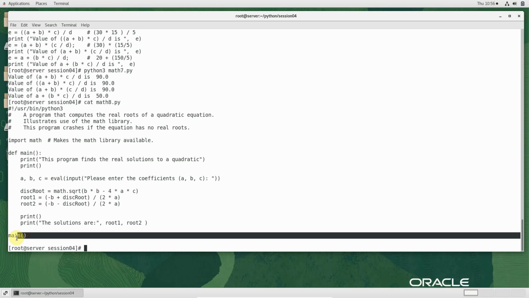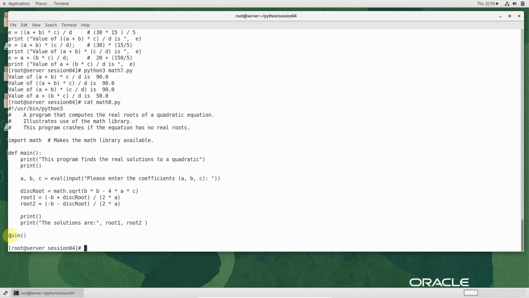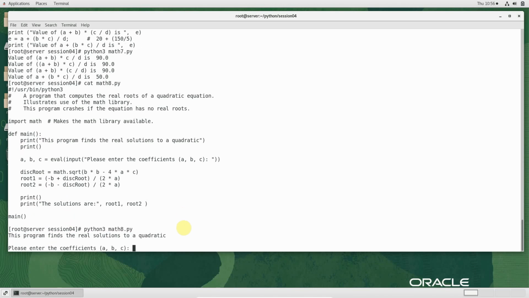And now I am calling the main program, and the main program is nothing, it is just calling that function main. So if I execute this 8, it will expect three values from me. If I type 1, 2, 3, just think of it. b square minus 4ac will be what? 2 to the power 4, 4 minus 3 into 1, that is 3 multiplied by 4, 12.